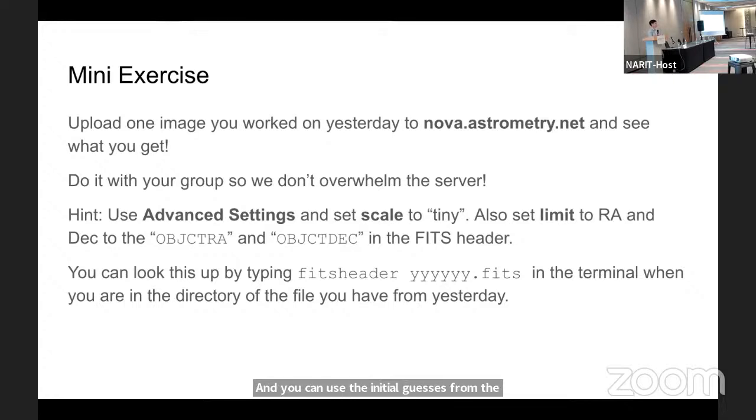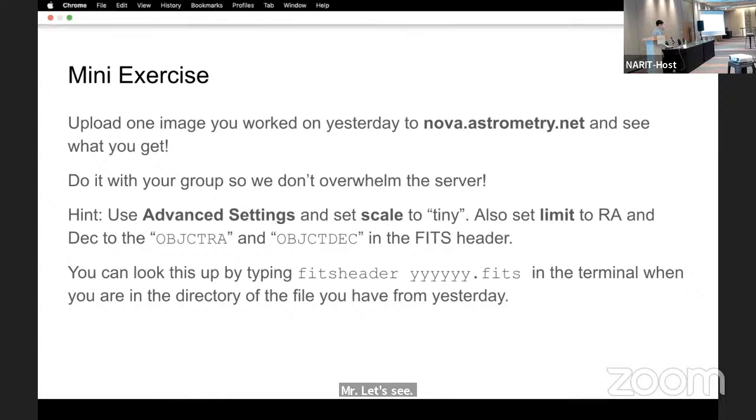This should not take long, but let's see. If you have any questions, raise your hand and I can try to help. And even if you don't have the fully processed image, this will work on the raw image.